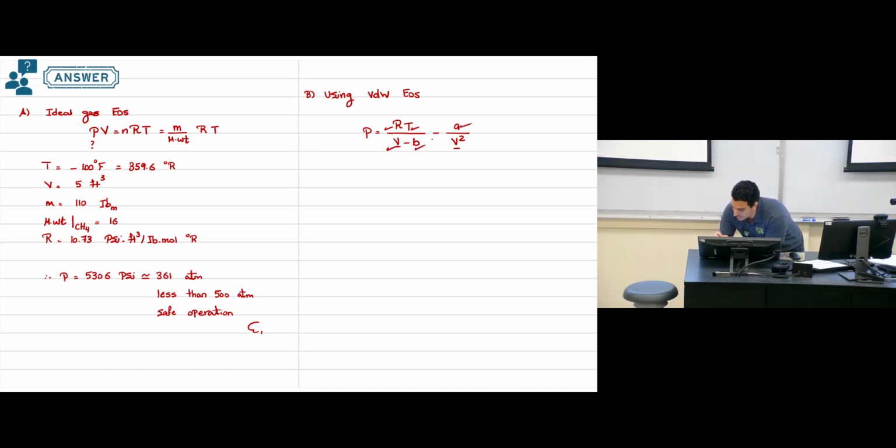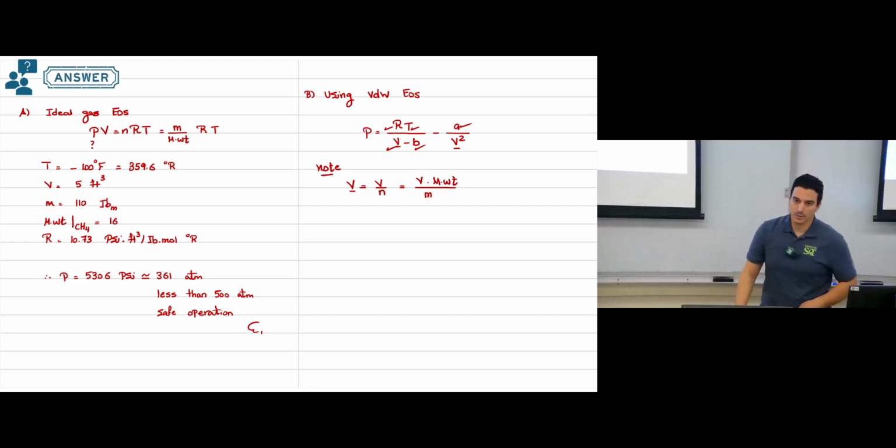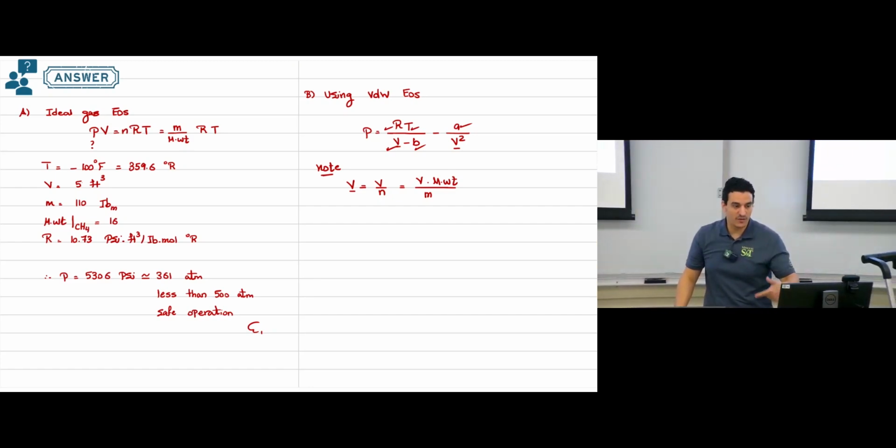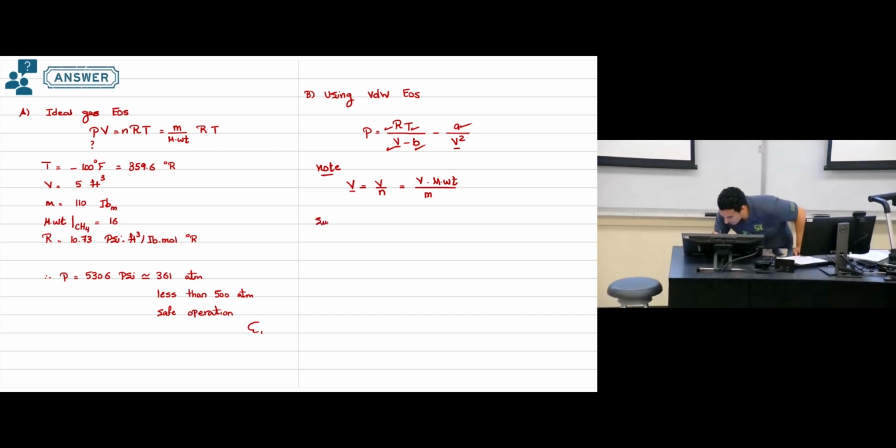You have the value of A and the value of B. We don't have the number of moles, but we know that the number of moles is mass divided by molecular weight. So this is how you can calculate the molar volume. We have the molecular weight, the volume, and the mass, so you can substitute in the equation.